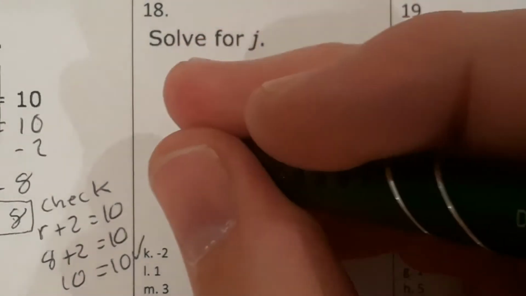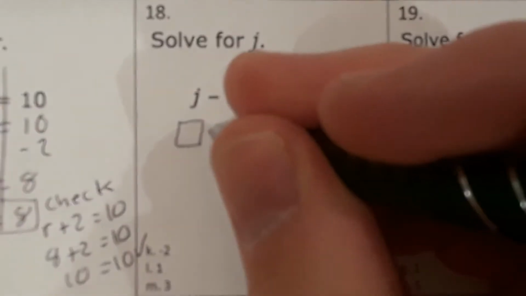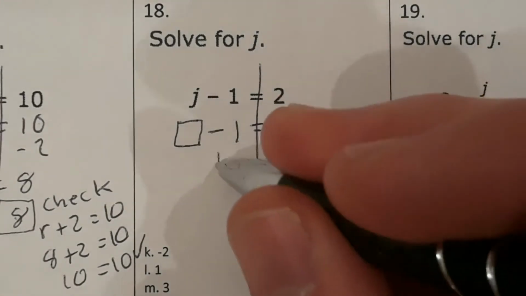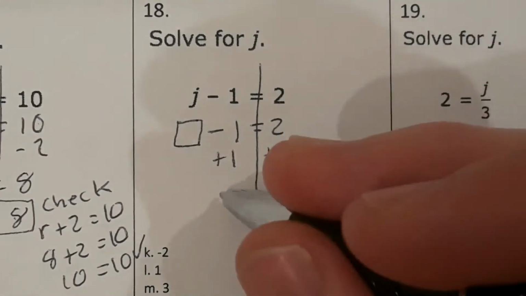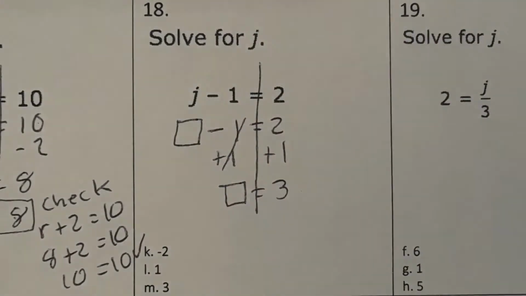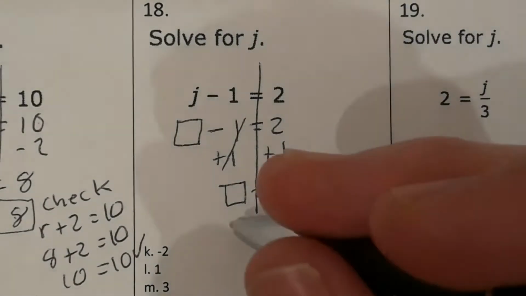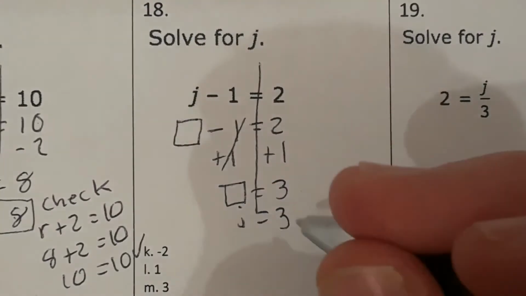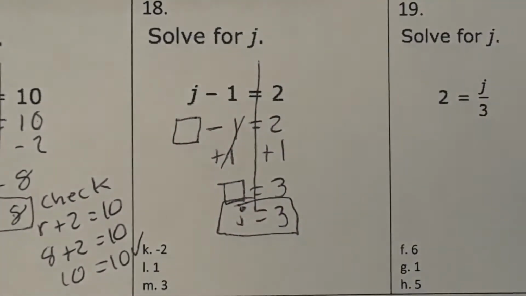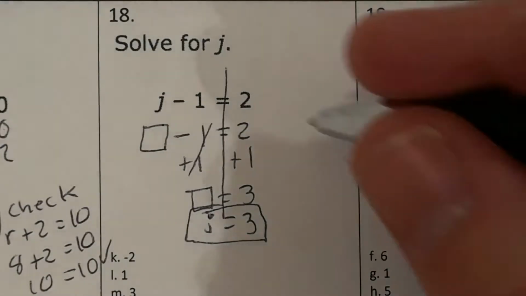Line down the middle. Jack in the box is something minus 1 equals 2. Opposite of minus 1 is add 1, and our box, ones are out, equals 3. But don't forget the box represented J, so J equals 3. Now run the check, see if it works.